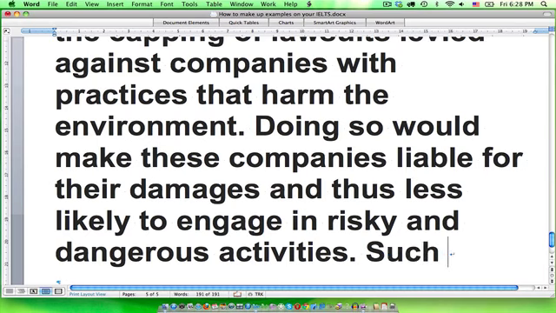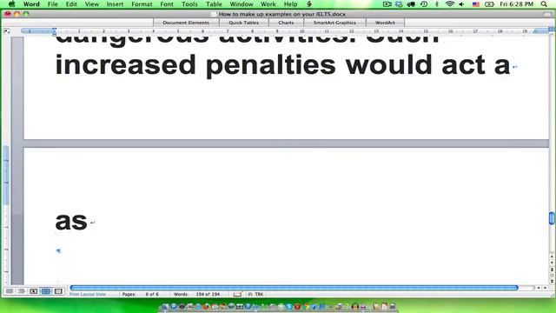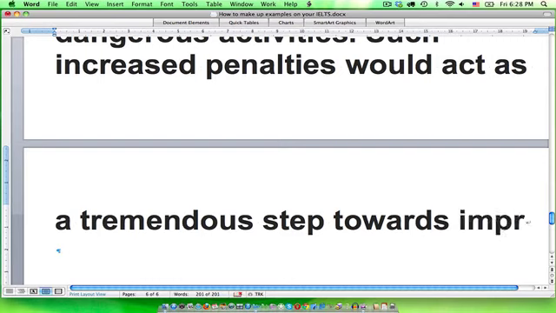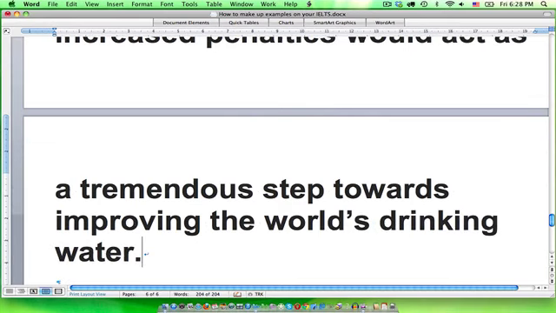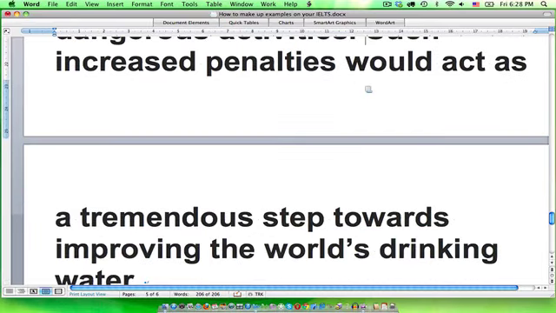So such increased penalties, we might say, would act as a tremendous, perhaps a step towards improving the world's drinking water. Okay? So just have a look at that sentence there.